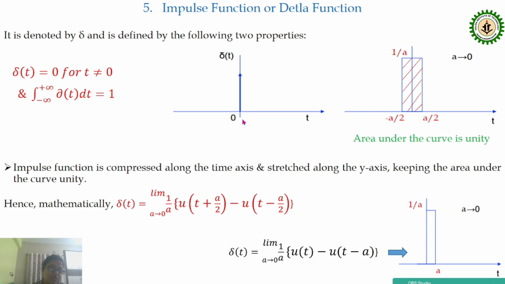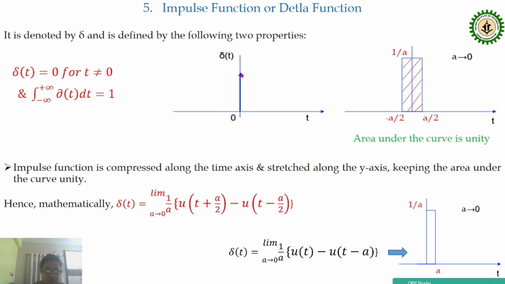Other than t equals 0, it will not occur. What does it mean? It means it occurs at t equals 0.